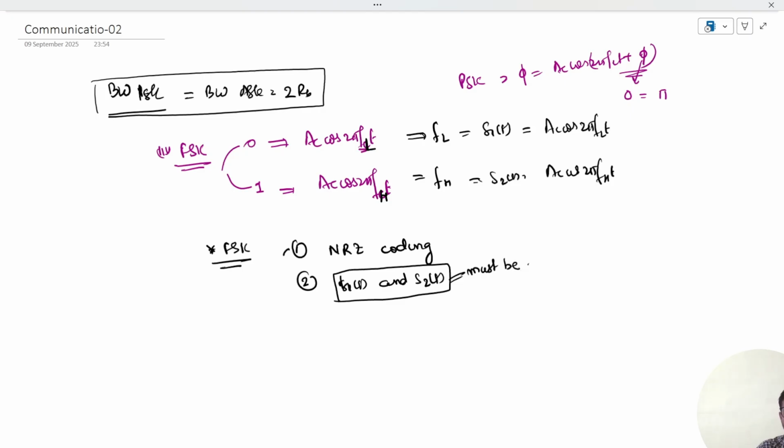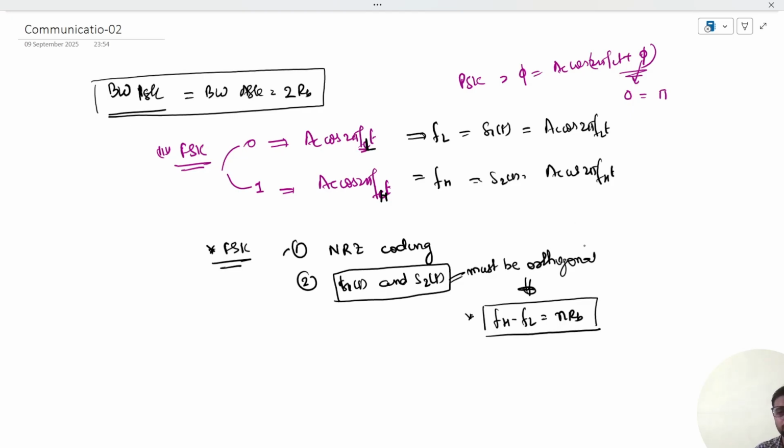So to maintain orthogonality, fH minus fL must be equal to nRb. That is the condition to maintain the orthogonality.